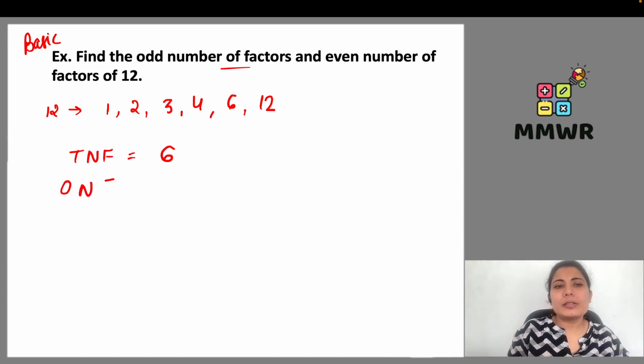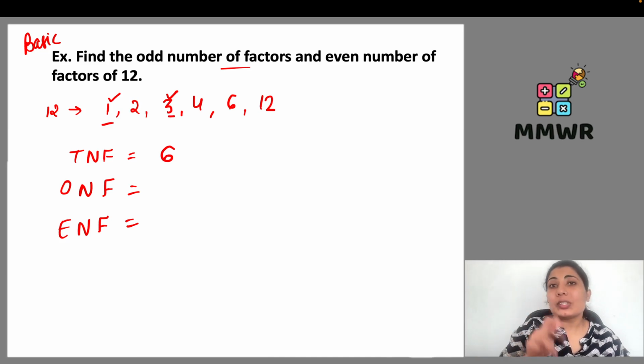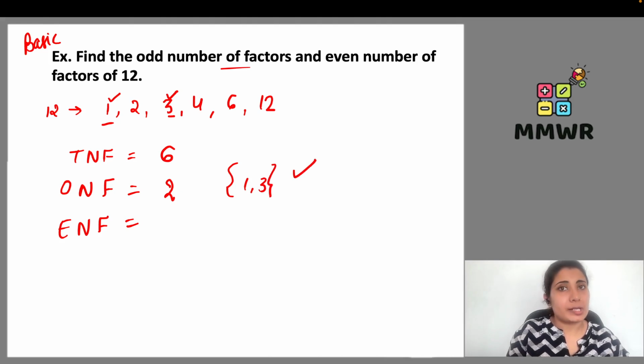Odd number of factors and even number of factors, how will we tell it? For odd number of factors, odd के लिए odd numbers को देखेंगे. So 1 and 3, only these two numbers are the odd numbers. Factor का नाम नहीं बताना है, सिर्फ count बताना.